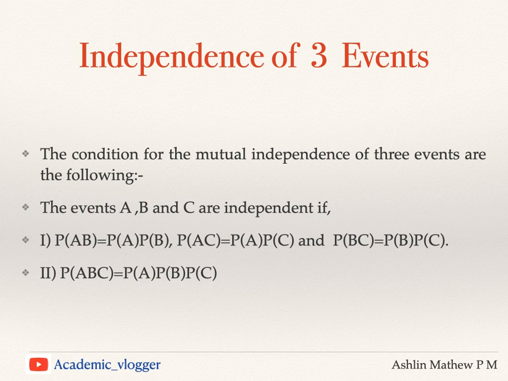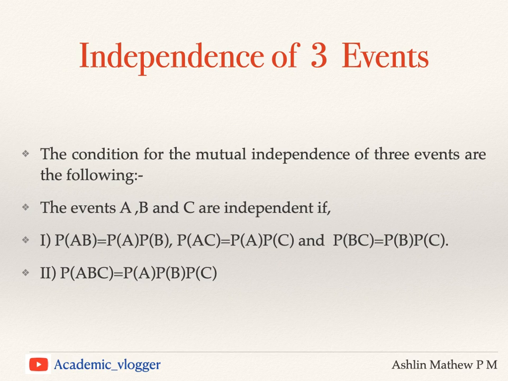And the next one is the probability of A intersection B intersection C equals the probability of A times the probability of B times the probability of C. So only if these two conditions are satisfied can we say that these three events are mutually independent. Otherwise, if it satisfies only condition 1, then we can say these events are pairwise independent.